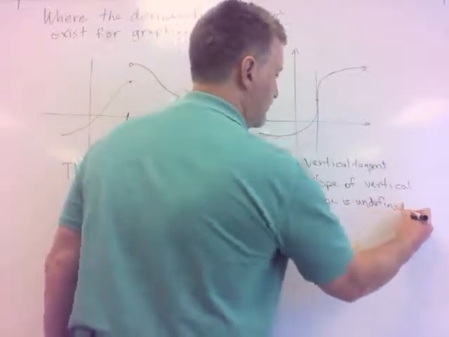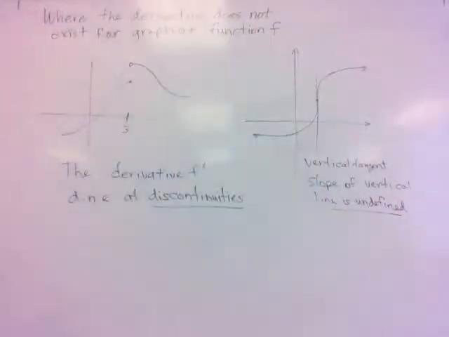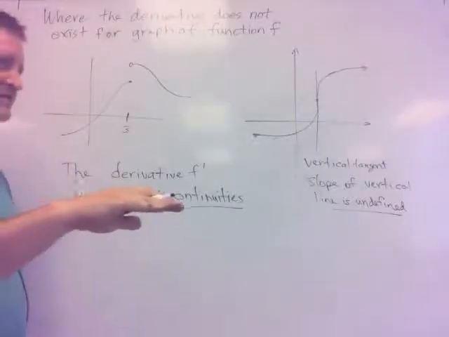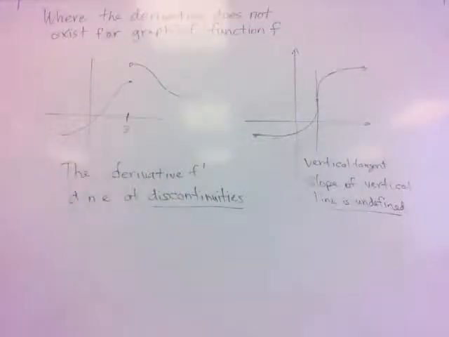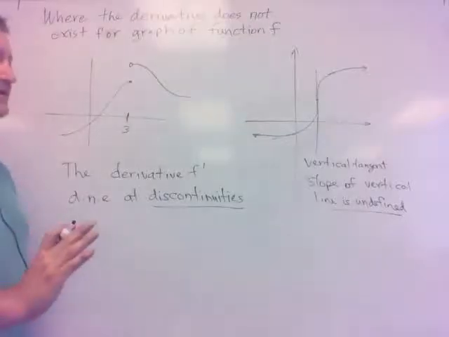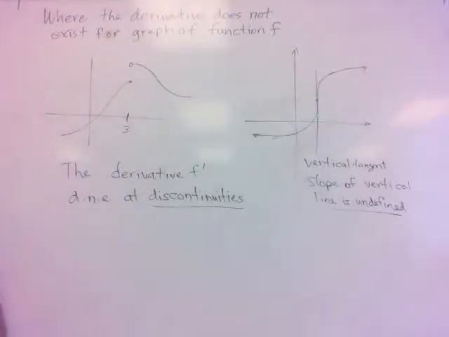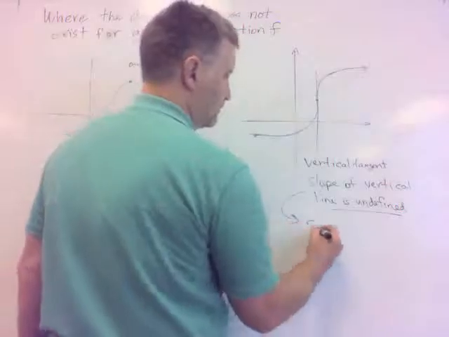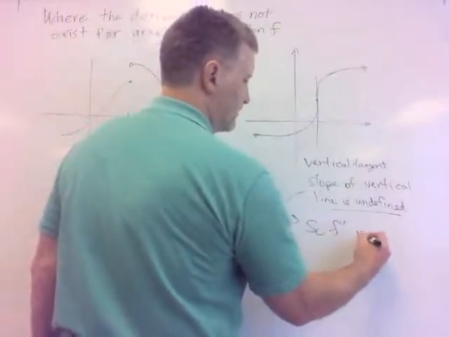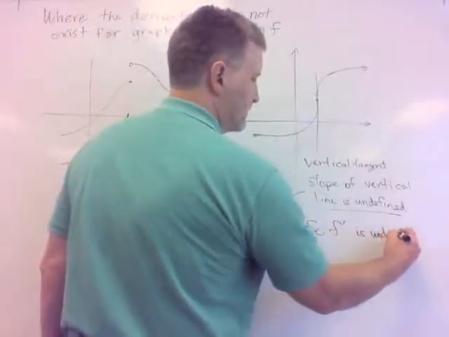Slope of a vertical line is always undefined. It's kind of the opposite of a horizontal line. So what does that mean? The derivative is also undefined, which means it does not exist.